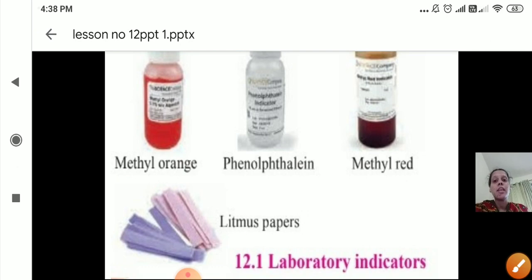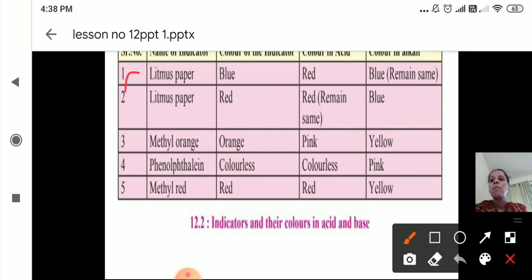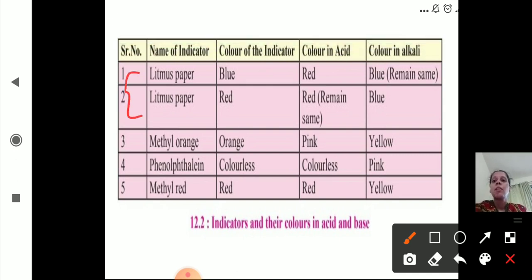Now the next one, this table shows the indicators and their colors in acid and bases. First we will see litmus paper, and next methyl orange, phenolphthalein and methyl red.